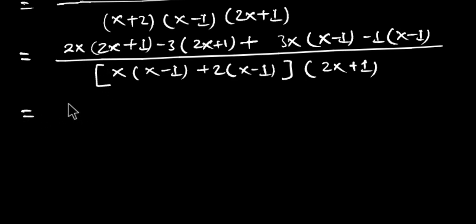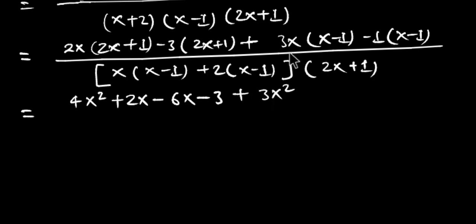Now 2x multiplied inside the bracket, so 2x into 2x gives 4x square, plus 2x into 1, 2x, minus 3 into 2x, 6x, minus 3 into plus 1, minus 3, plus 3x into x, 3x square, 3x into minus 1, minus 3x, and minus 1 into minus 1 gives plus 1.